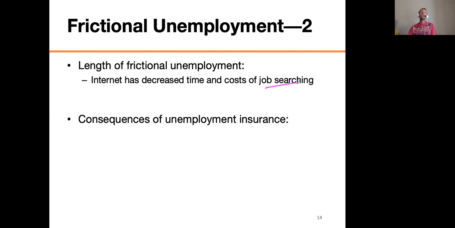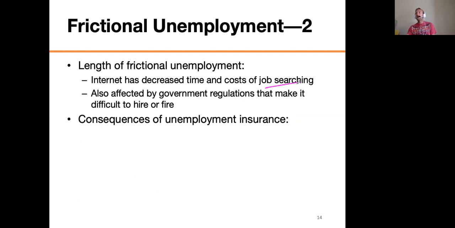All right, so the internet has made frictional unemployment come down a little bit because it's easier to find a job. On the flip side, though, government regulations that make it difficult to hire or fire someone make frictional unemployment go up. The government regulations are meant to protect workers.